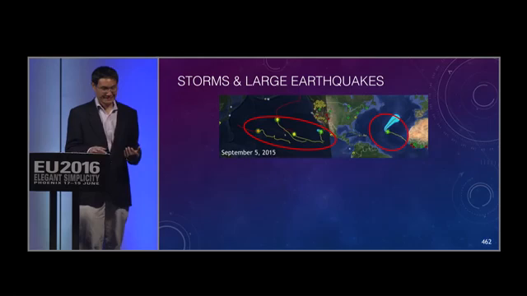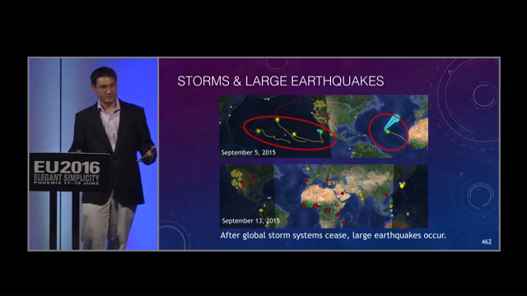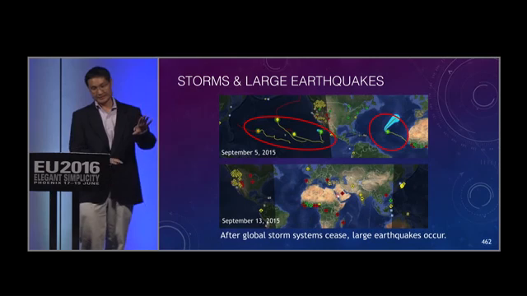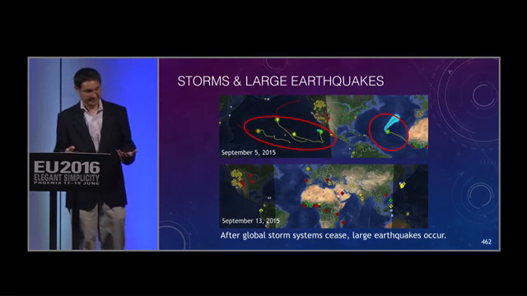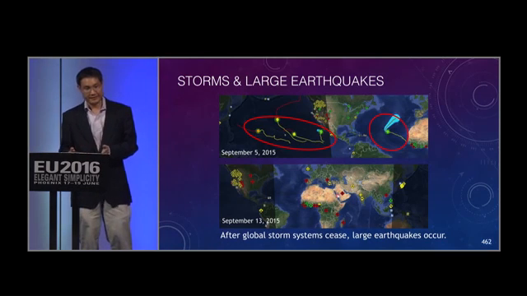And right before the earthquake occurred, all of these storms just disappeared. So there's some kind of energy exchange between the atmosphere and underground, just right before a large earthquake. There are also some types of earthquakes that occur around the peak of a storm as well, but it's not as intense.